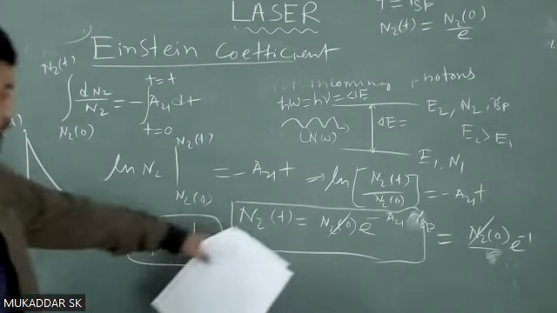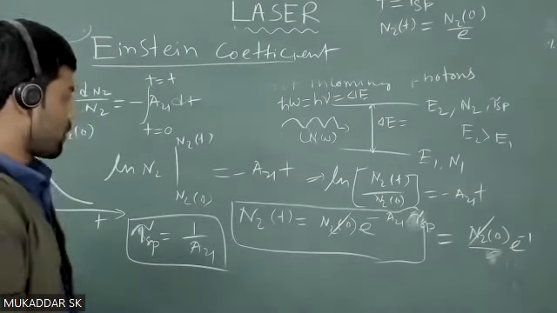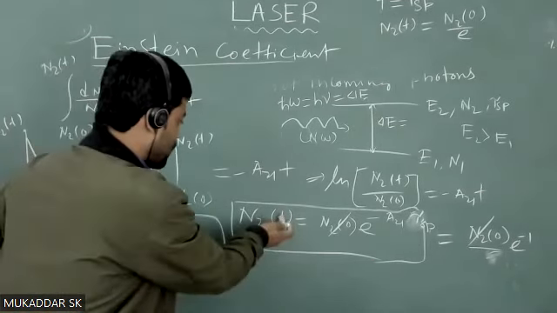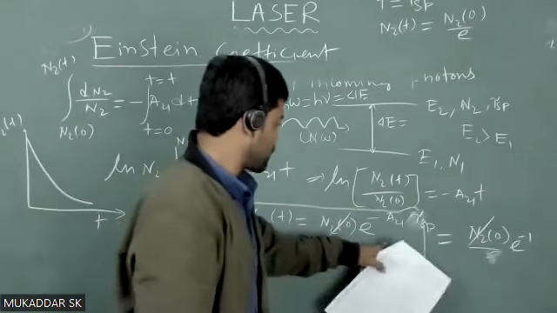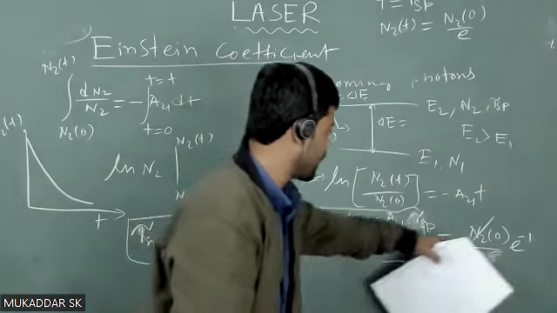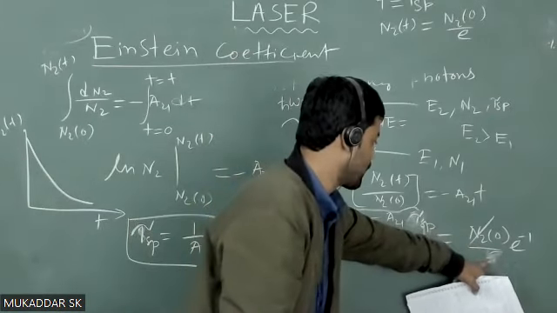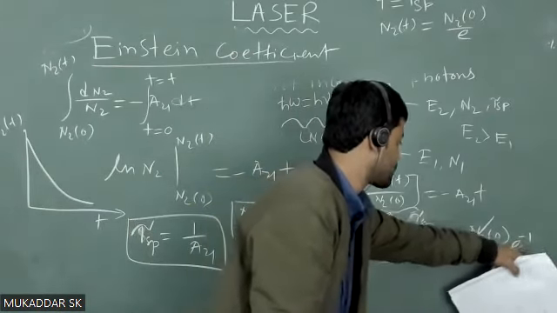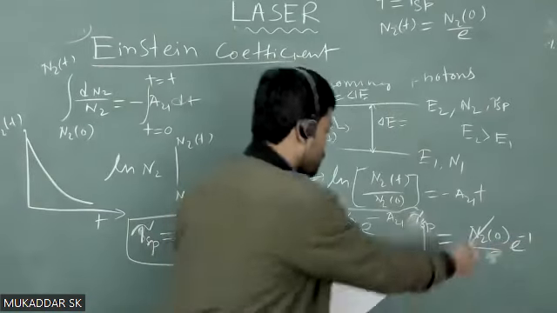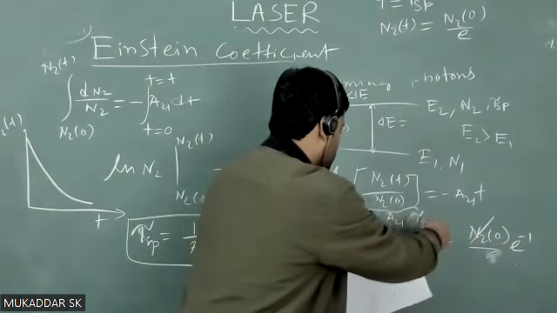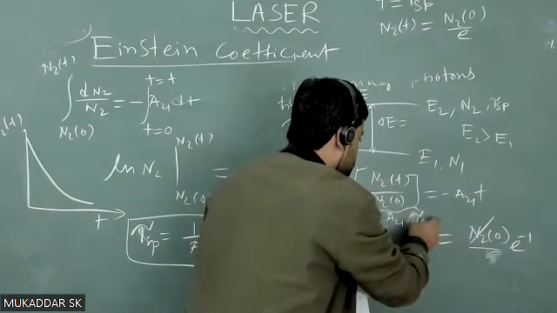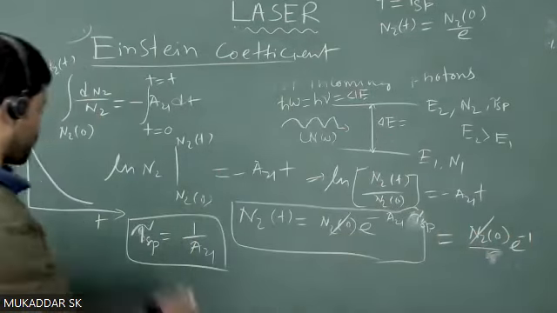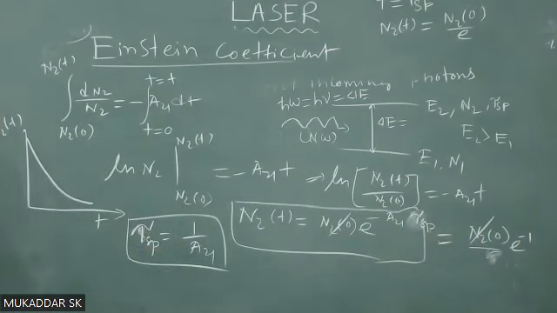Okay, and this is your original equation. Now if I substitute t equals tau sp, then what will I get? This will be the expression, and this expression I can write as N20 divided by e, and this e I can write as exponential -1. So this N20 will be cancelled. Now if I compare the power of the exponent, then A21 tau sp should be equal to 1. It means tau sp will be 1 by A21.